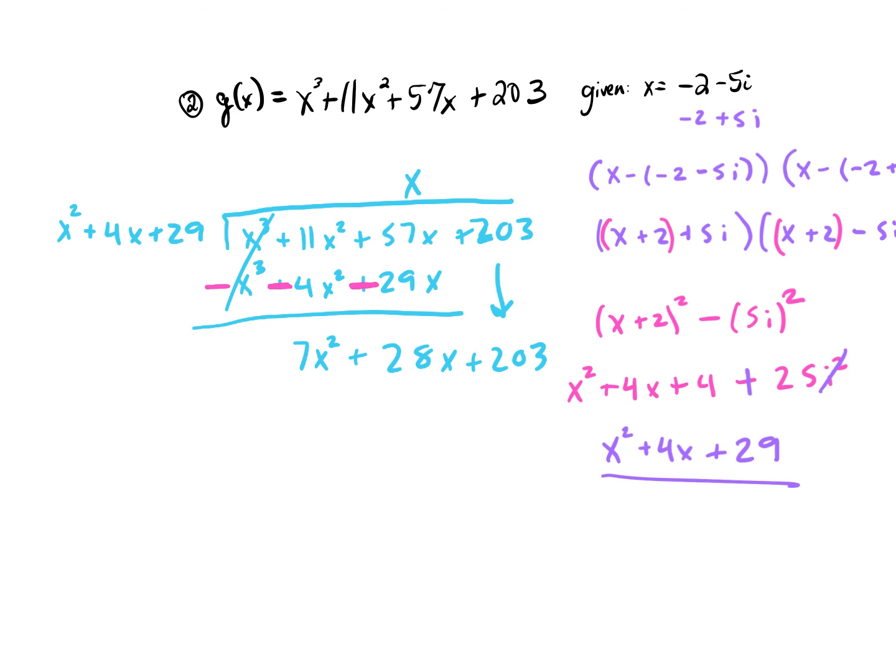What do I do next? Right, so 7 times x squared would give us 7x squared, so we put a plus 7 on top. So 7 times x squared is 7x squared. 7 times 4x is 28x. And 7 times 29, I'm going to assume that it's 203.